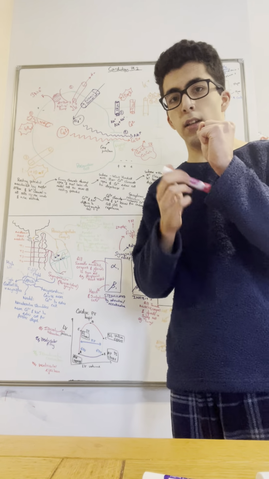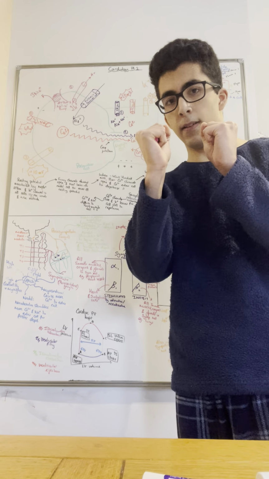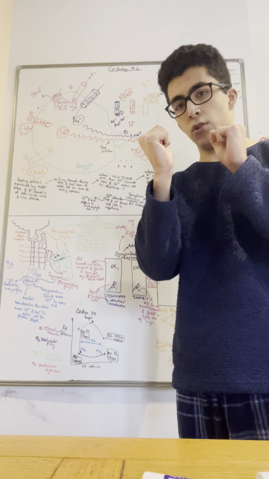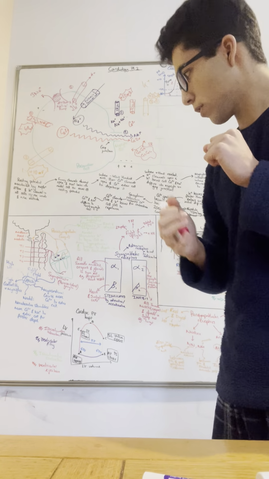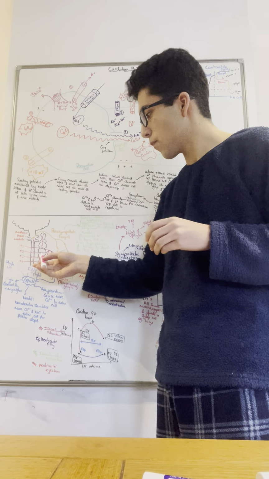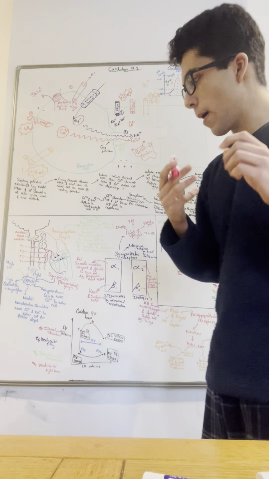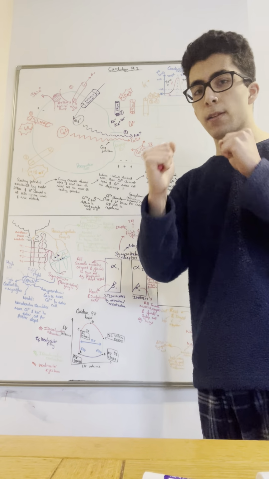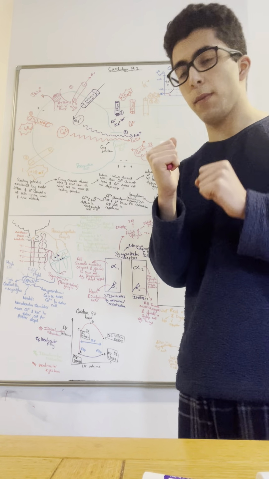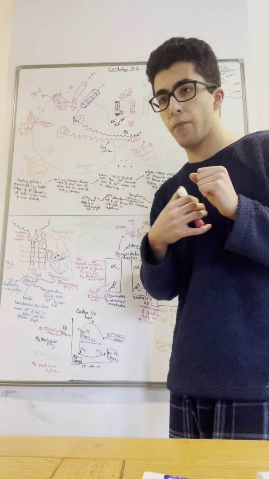So here's our spine, and it comes out just a little bit, synapses with our postsynaptic neuron, and it sends our signal. Between this synapse, we've got acetylcholine. From our presynaptic to our postsynaptic, we've always got acetylcholine. That's our neurotransmitter, and that's the same for parasympathetic as well as sympathetic.